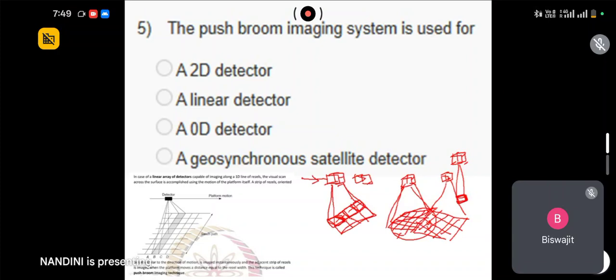The sensor moves and then takes data along multiple lines. So this is basically used in a linear detector. The sensor itself moves and then measures over multiple lines.